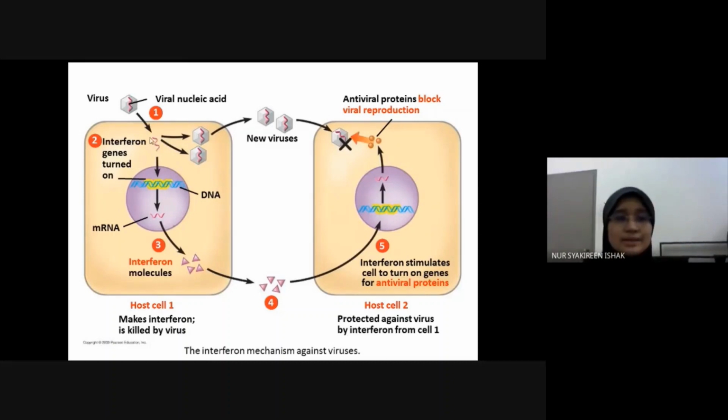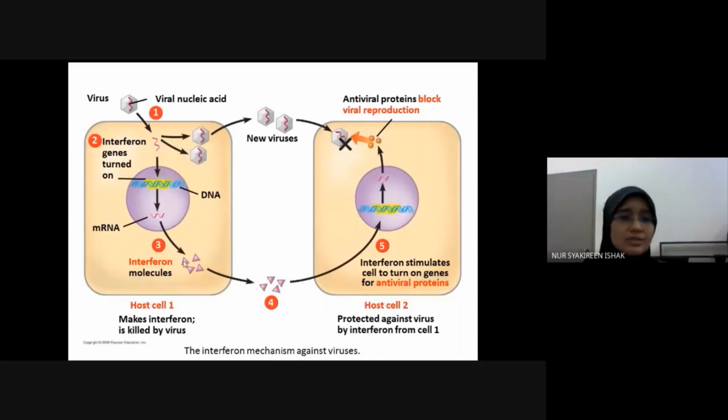Okay. So this single strand nucleic acids, the RNA of the virus will activate a gene within the DNA of the human and causes the gene to be activated and undergo transcription and translation. Transcription produces mRNA and then translated into the interferon protein. Okay, so the interferon protein will be secreted from the infected body cells.